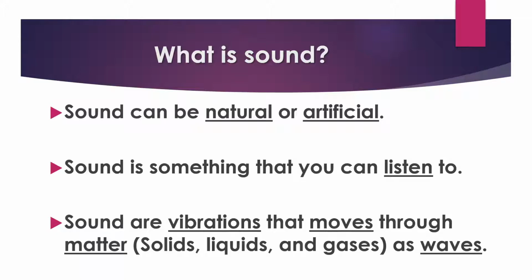That's very important, okay? Remember that light also moves as waves. That's one of the movements of light. So the same with sound. Sound moves as waves. When there are vibrations, it can be a difficult word. Sometimes I have to repeat it again.